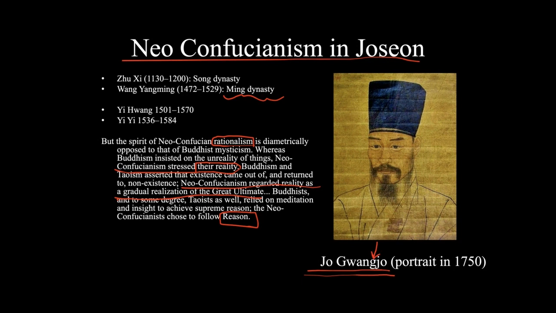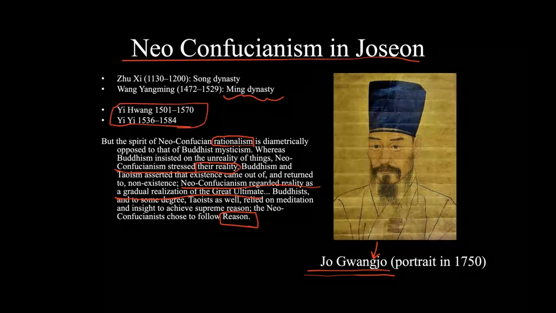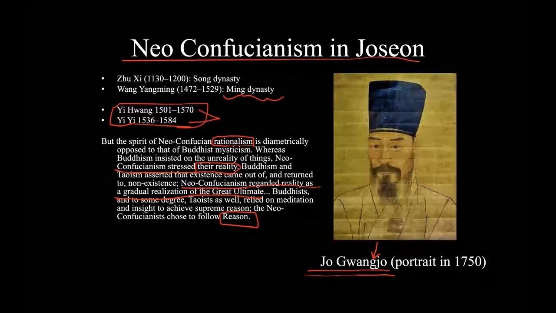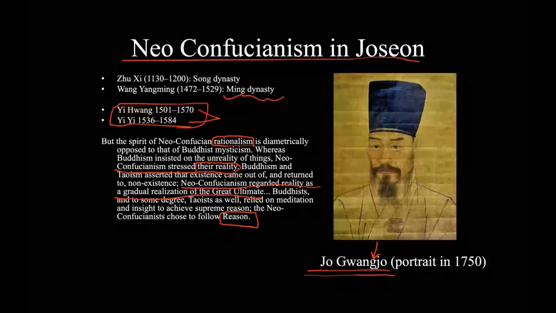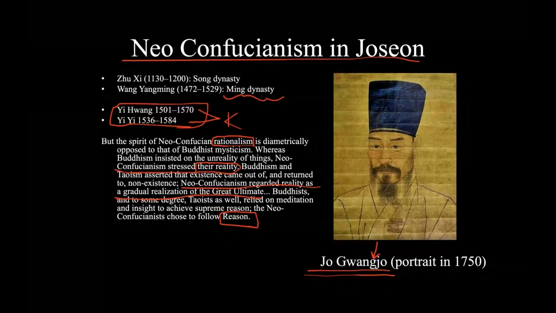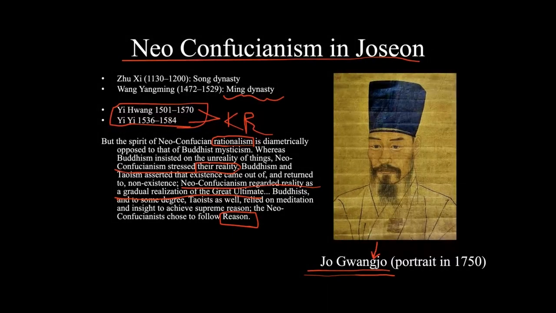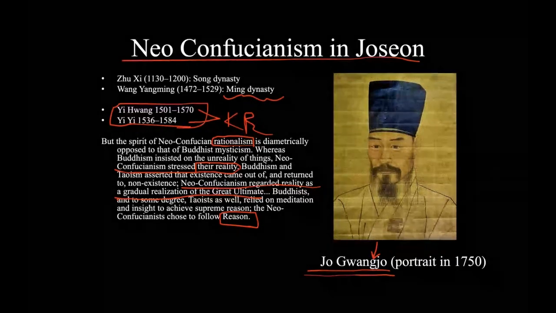So he came up with the Neo-Confucianism, and then he died early in the early 1500s. And then later on, these 2 scholars named Yi Hwang and Yi Yi, both of them wrote several important books on Neo-Confucianism for Korea. So they are very important scholars. I think Yi Yi is also on Korean currency.